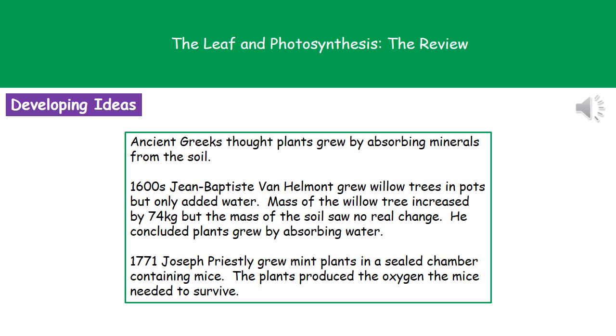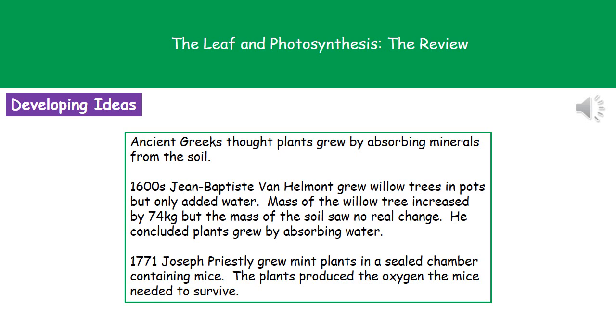Later on he re-recorded the mass of the willow tree and the mass of just the pot and the soil, and he worked out that the willow tree had increased by a significant amount in its mass, by 74 kilograms, but the soil hadn't really seen any major changes. So his theory was that plants grow by absorbing water, as that was the only thing he'd added to it.